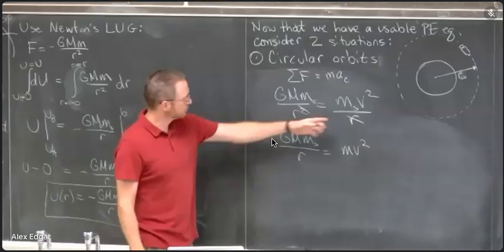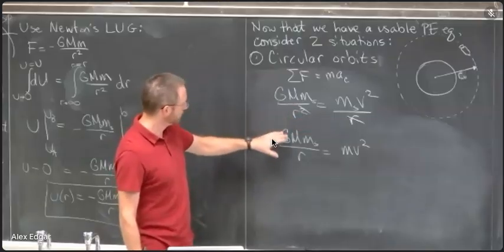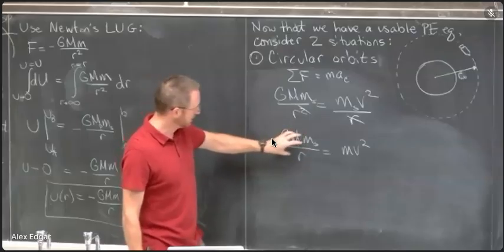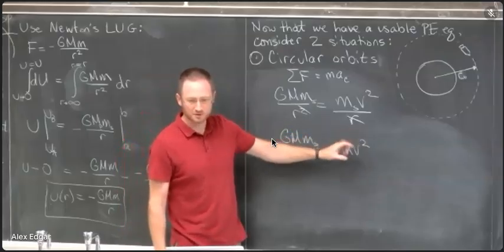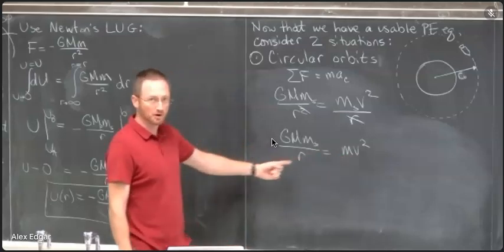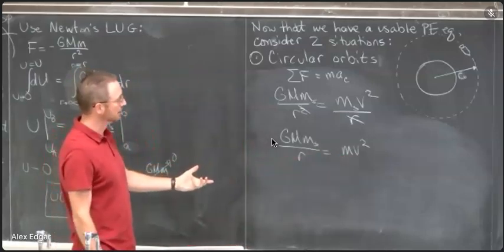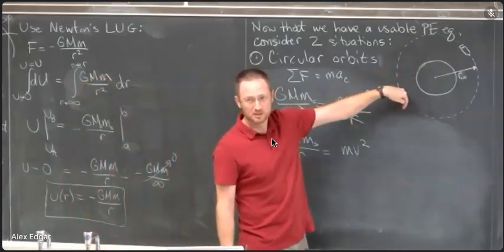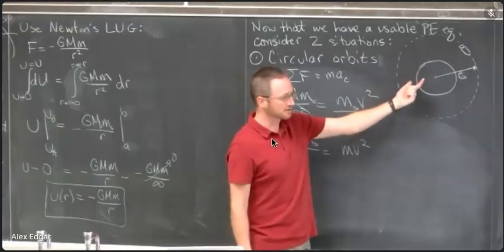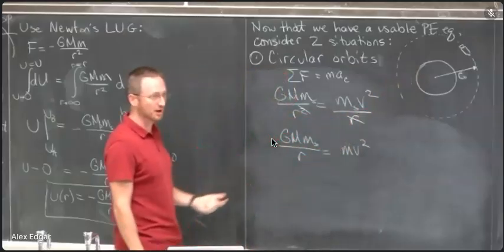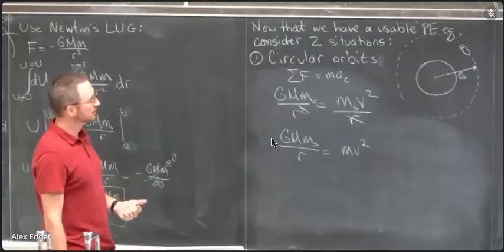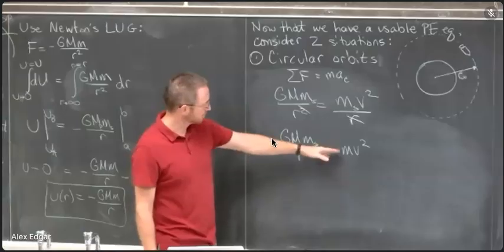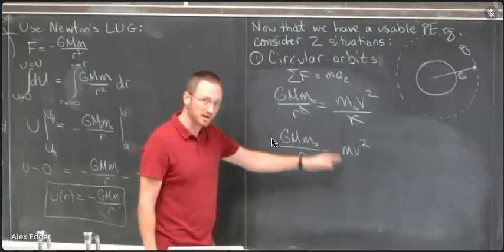So as soon as we canceled out one of those r's, what we end up with is, hey, that's potential energy. If this is potential energy, this also has to be some kind of energy, and the mv squared should tip you off that it's kinetic energy. And since I said satellite, this thing is going to be moving. If it's not moving, it's not a satellite. It's just falling into the planet. It's going to crash. So since that's moving, that's kinetic energy. But we're missing a 1/2 here because kinetic energy is 1/2 mv squared.